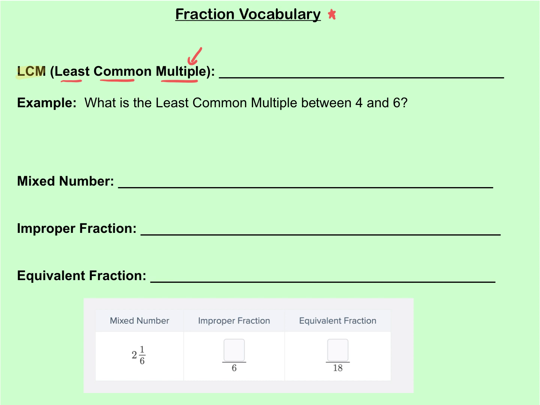So let's put in an example. If we had 3 and 4, we would list our multiples: 3, 6, 9, 12, and 4, 8, 12, till we find one they have in common. The least common multiple for 3 and 4 is 12.